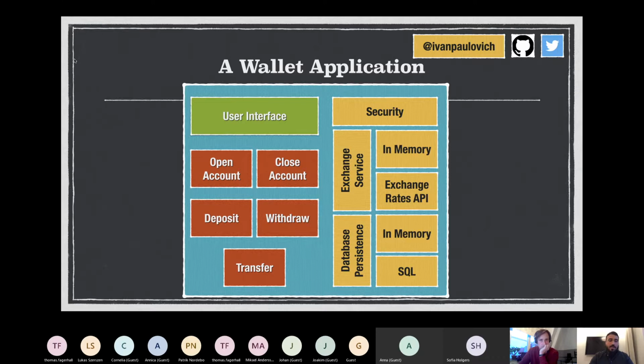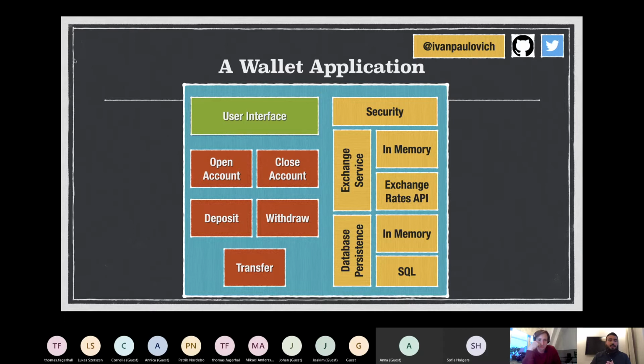It contains these 5 use cases where a user can open an account, deposit some amount. It's kind of PayPal. You open an account, you deposit, and you withdraw, and you can transfer this amount between accounts that you own.